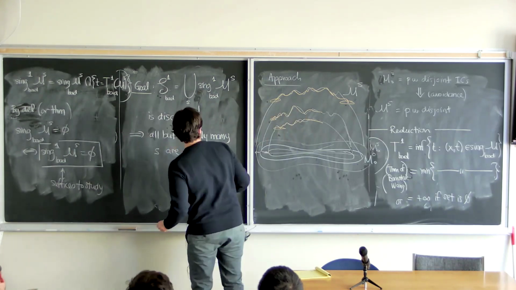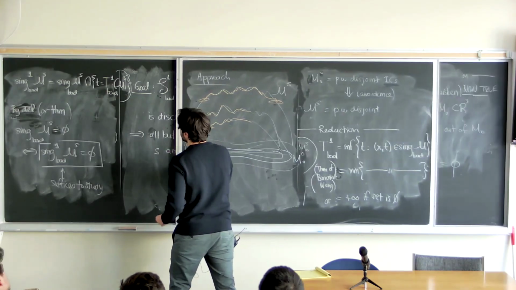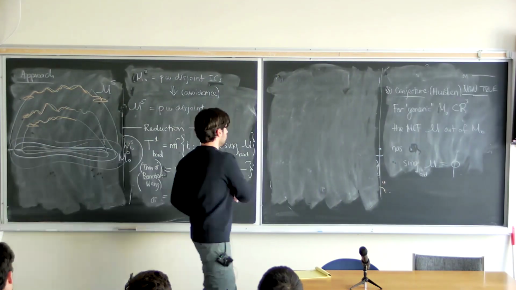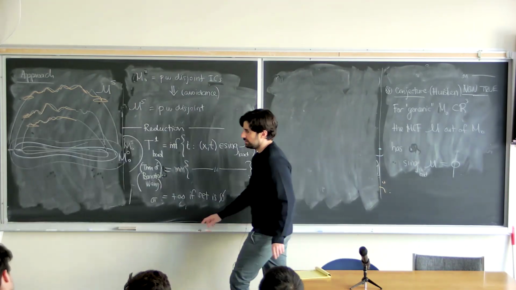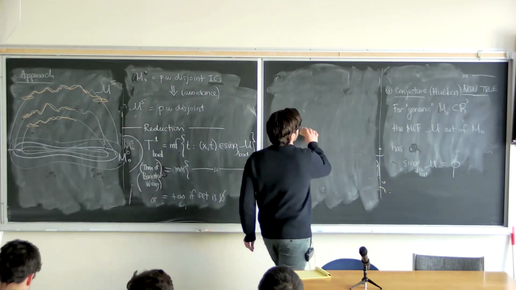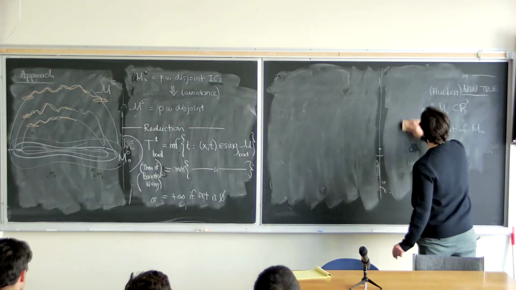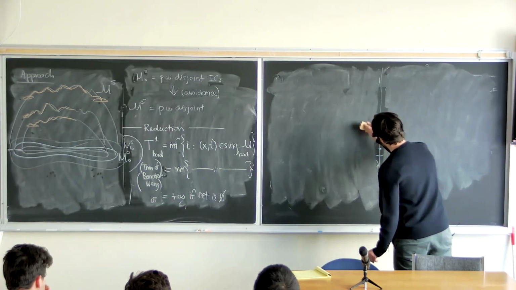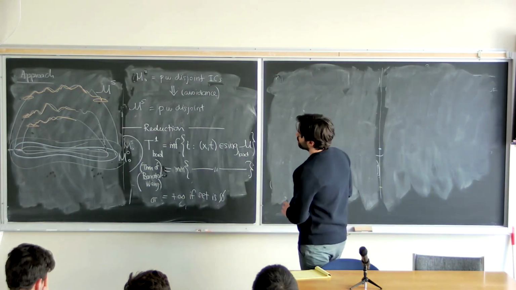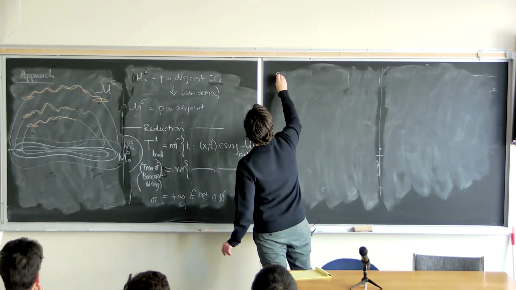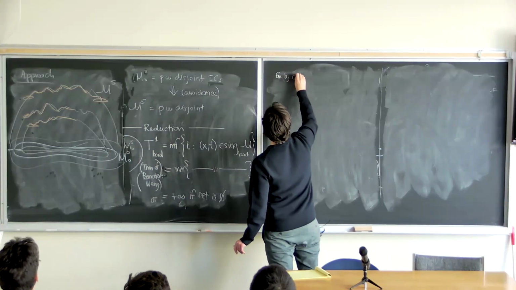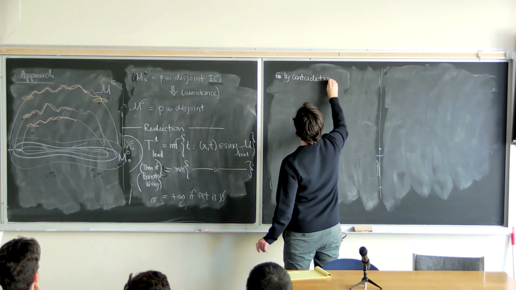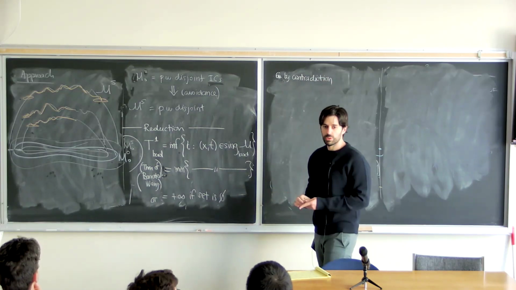I think this picture is a bit more important. So how do you prove something like this? By contradiction. Can you remind me about this statement of discrete again? What does discrete mean?